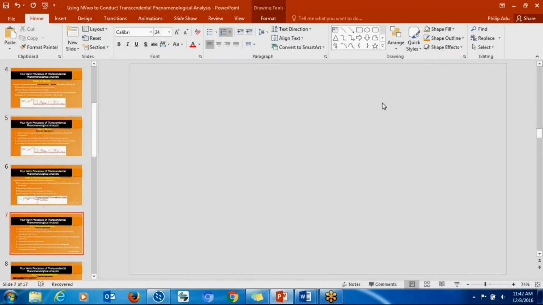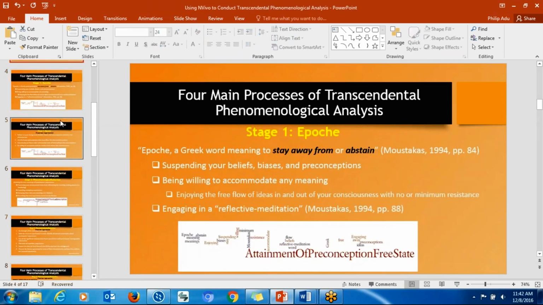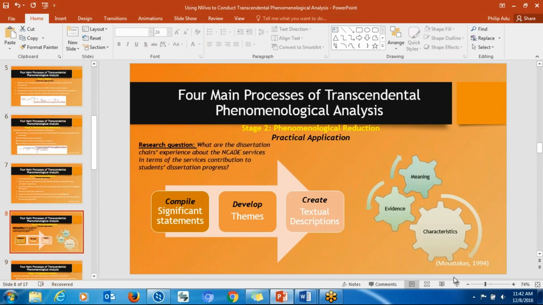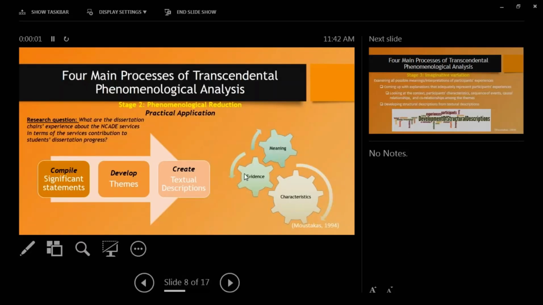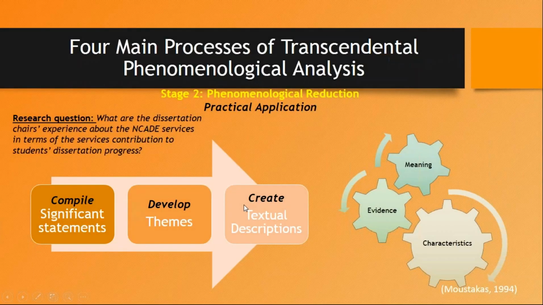Your next step is to report your findings, right? So how do you report? This is what you have to do. After developing a theme, you have to present what we call textual descriptions, right?